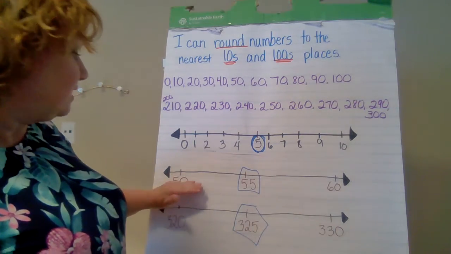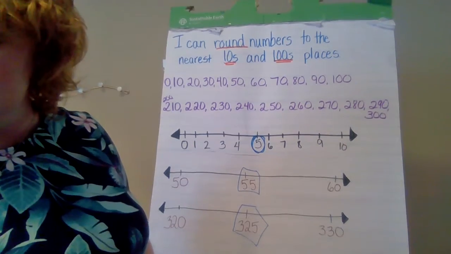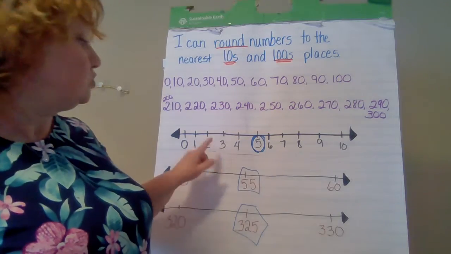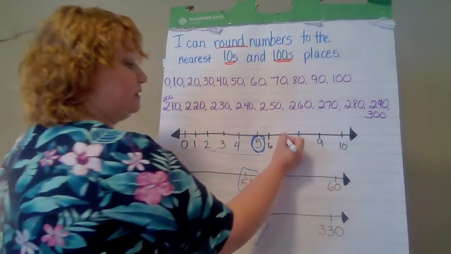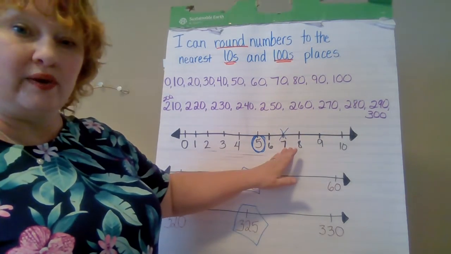So let's say the number that we have is the number 7. I drew a card. Number 7. So we're going to look on our chart and we're going to find the 7. I'm going to put an X on top of the 7. That is the number I want to round to.